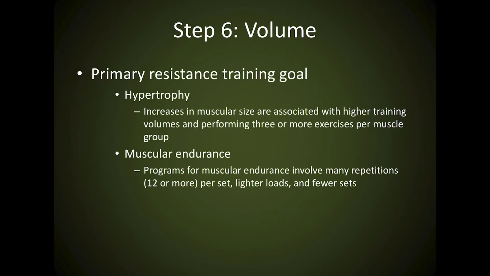For muscular endurance, usually involve many repetitions, obviously, and we've seen this, usually lighter loads and fewer sets, not too many fewer sets, but maybe 2 or 3 sets versus maybe 3 or 4 or 5 or 6, depending upon whether it's hypertrophy training or power or strength.